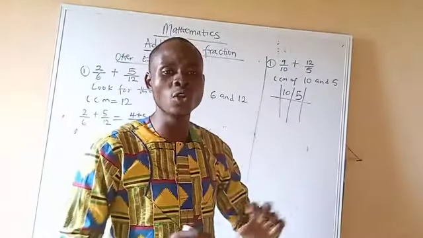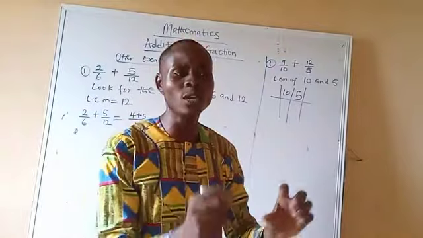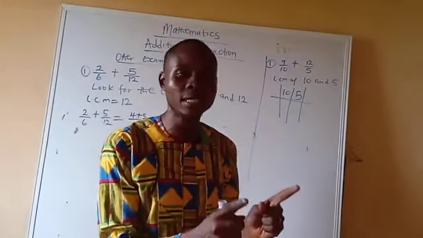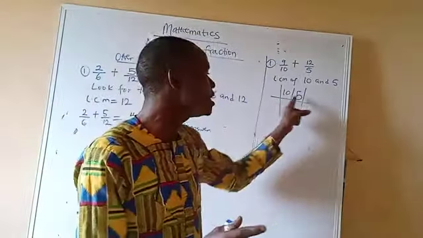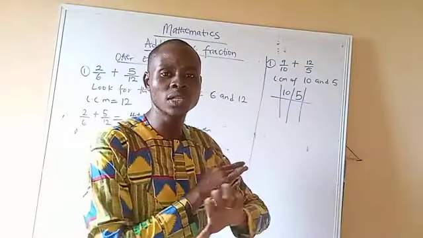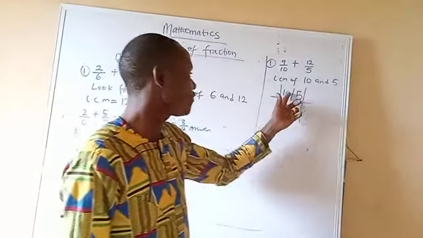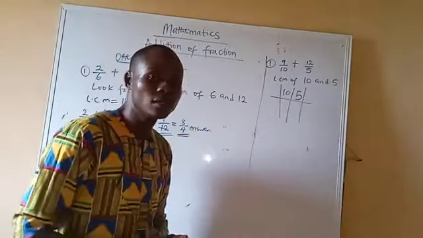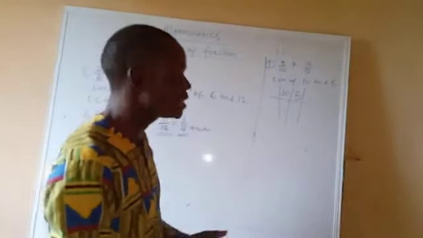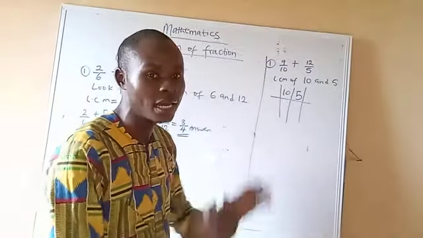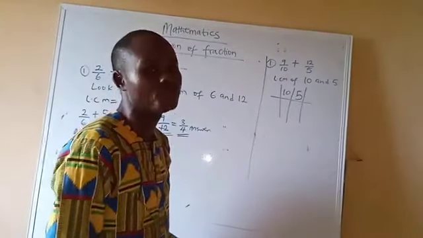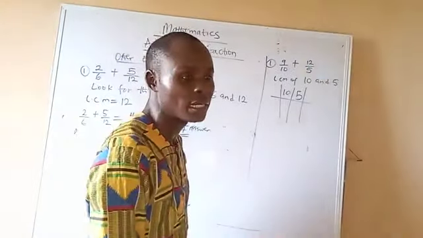If there is none, go to 6. Why do you start with 2? Because we are looking for the smallest number that can divide any of these without remainder. So, looking at 5 and 10, can 2 divide any of them without remainder? Yes, because there is 10 there. 2 can actually divide them without remainder.